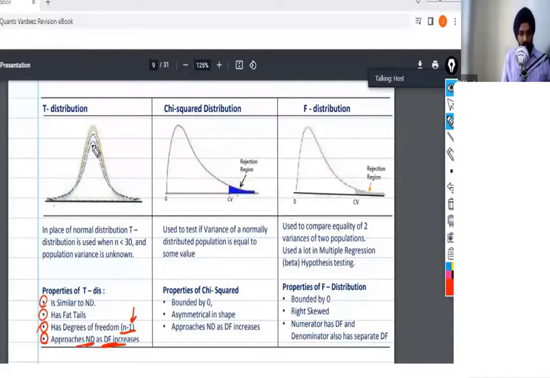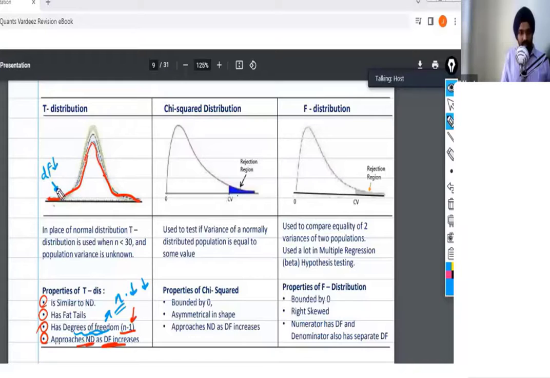Okay, so if you just see this blue line here, it's got a lot of fat tails over here, because the degrees of freedom depends on n, right? So if the n is low, the degrees of freedom will be low. As the degrees of freedom is low, it's going to look like this.